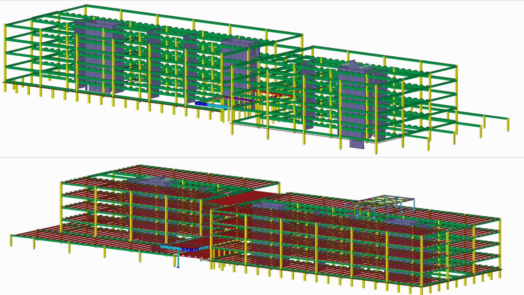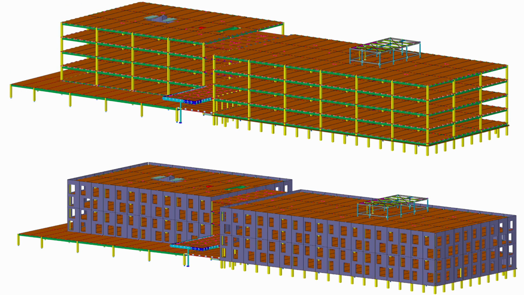This is the column and beam structure in the green and the yellow at the top. And then we have what's called the intermediaries, which is this orangey red that's sitting in here. And so that model gives us the structural skeleton of the building, which we can then go and lay the panels onto. Now, the panels might be CLT panels, or they might be a hybrid cassette system.